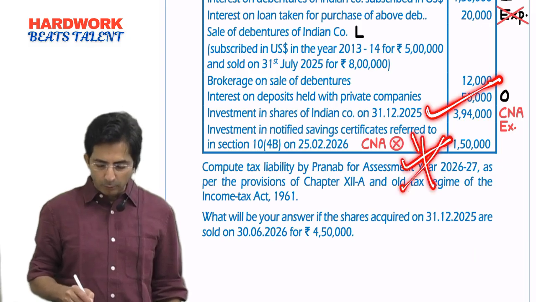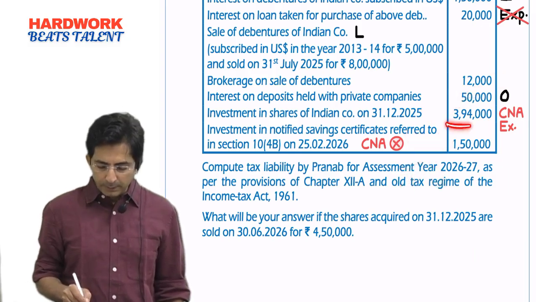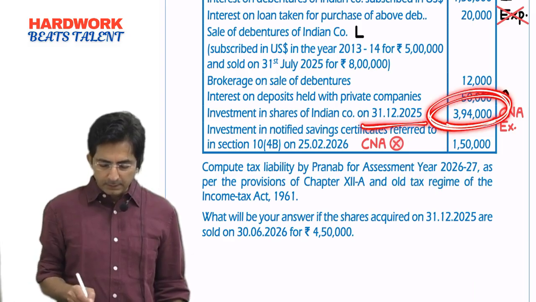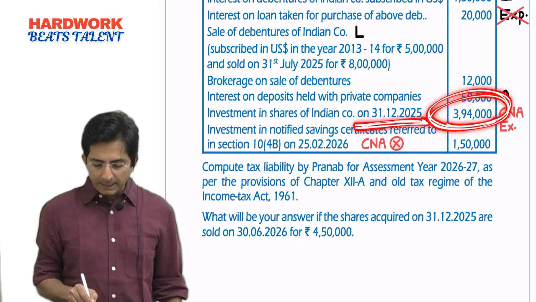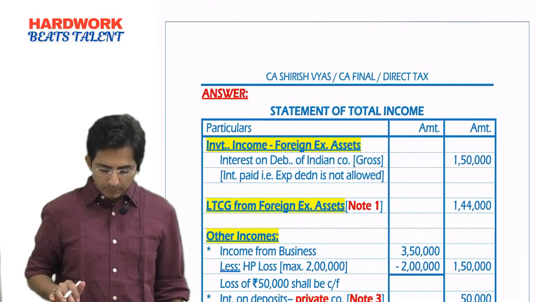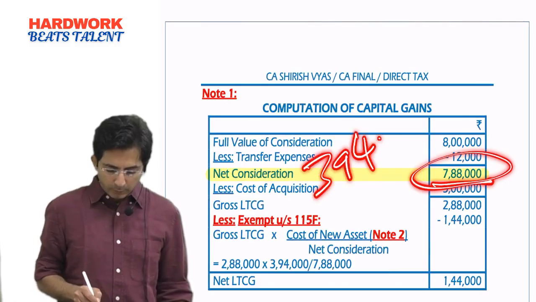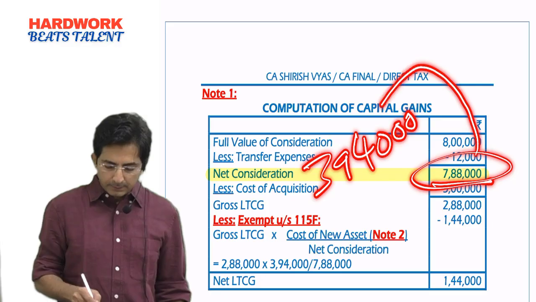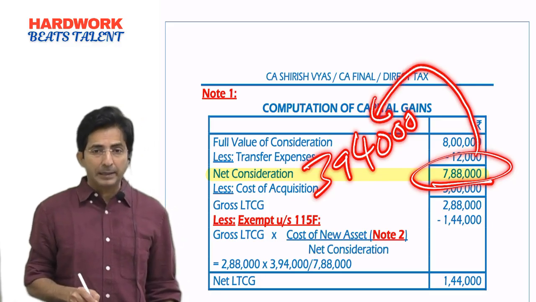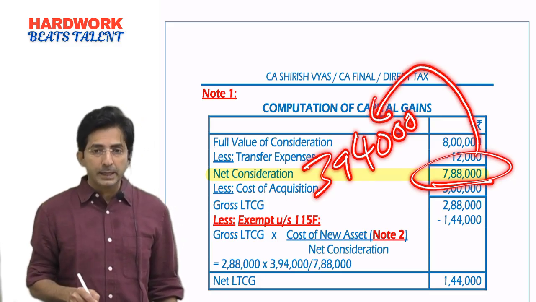But this you will ignore. You will take only shares of the Indian company invested within 6 months. So that is 3,94,000. You will compare this with the net consideration. So what do you realize? Is the net consideration fully utilized or partly? Partly. You will get proportionate exemption.